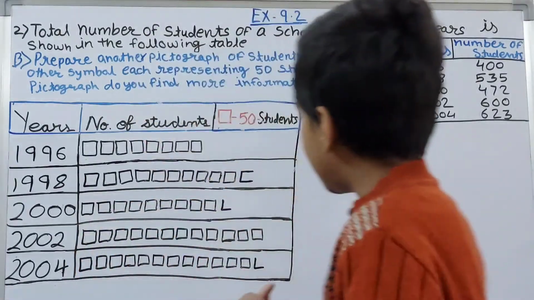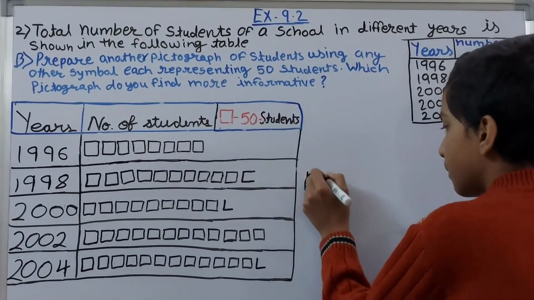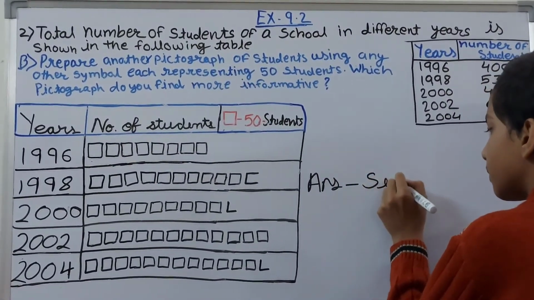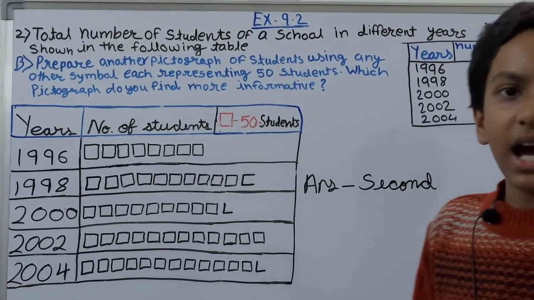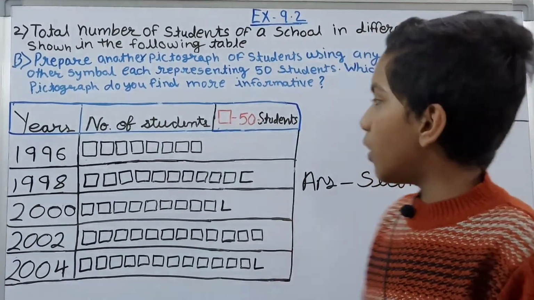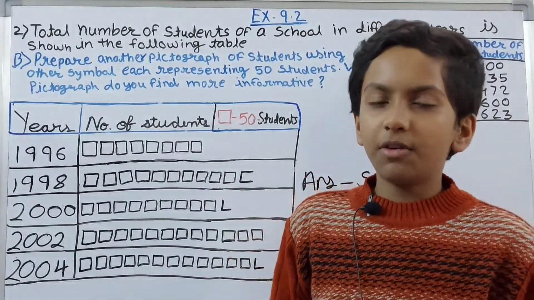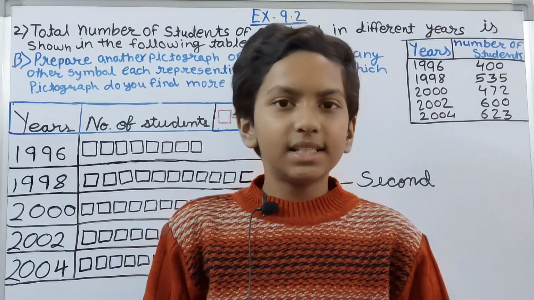That means the second pictograph which we have made is much more informative than the previous one, in which each symbol represented 100 students.